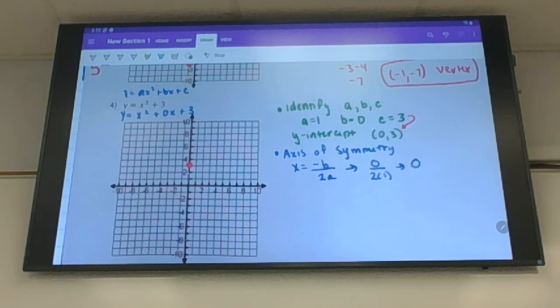So our axis of symmetry this time is 0. So you do a dashed line on 0.